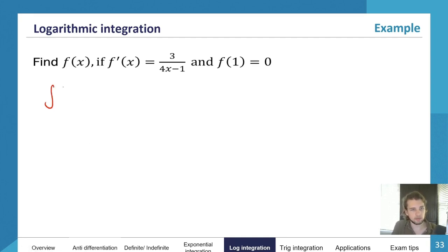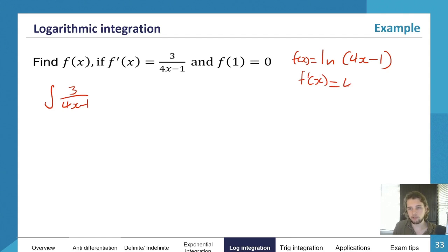Let's utilize this. So we're going to get the indefinite integral of 3 over 4x minus 1. Now, if I were to say f(x) did equal ln(4x minus 1), then the differential of f(x) would actually have to equal 4 over 4x minus 1, and instead we have 3 over 4x minus 1.